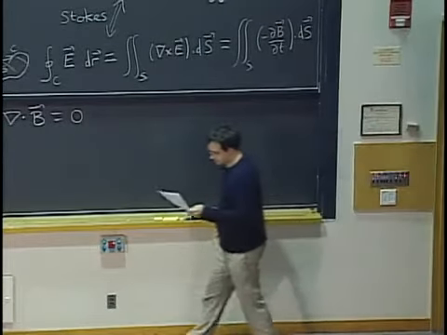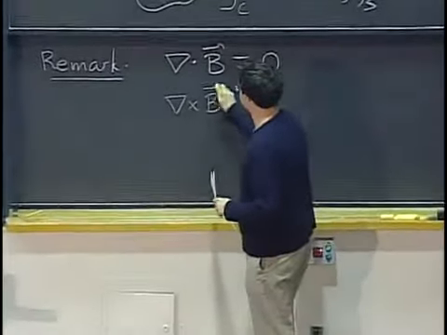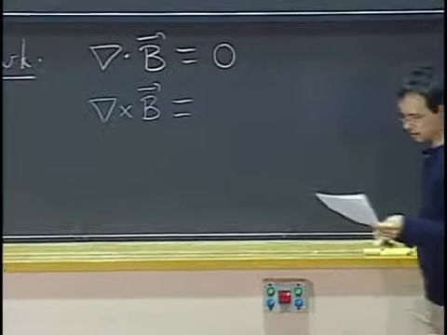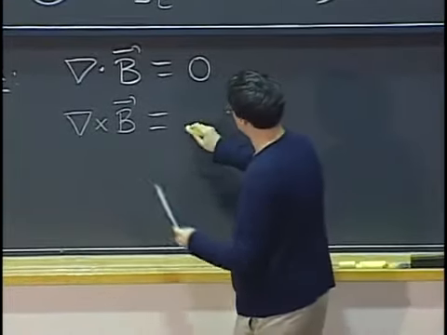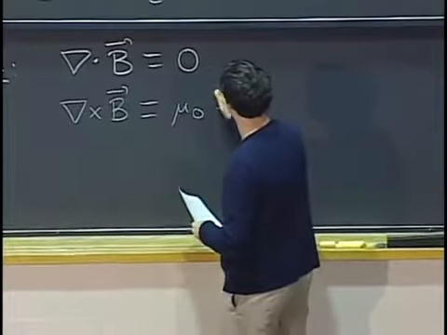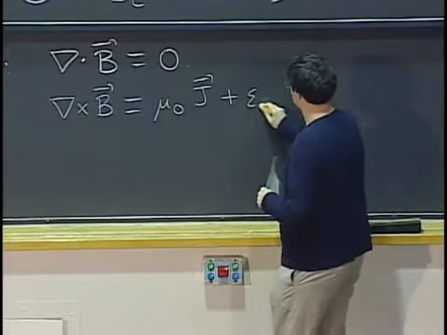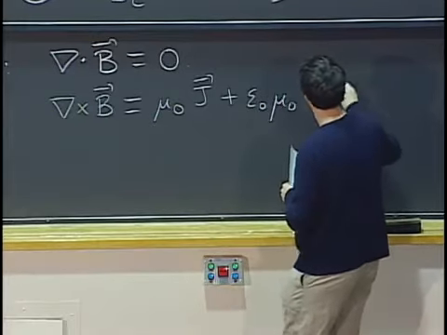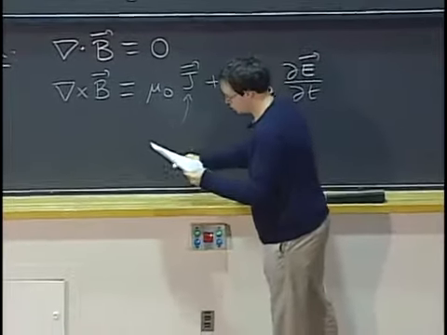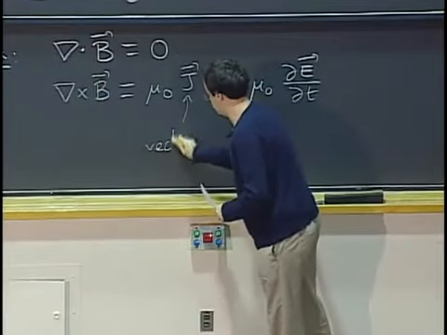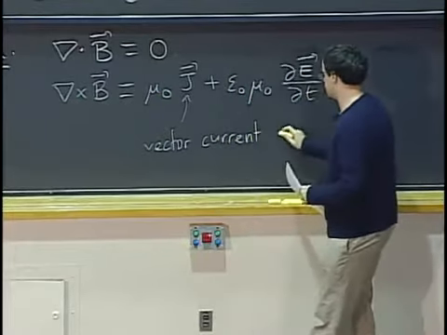And the last one tells you how the curl of the magnetic field is caused by motion of charged particles. So in fact, it says that the curl of B is given by this kind of formula, where J is what's called the vector current density. So it measures the flow of electrically charged particles.